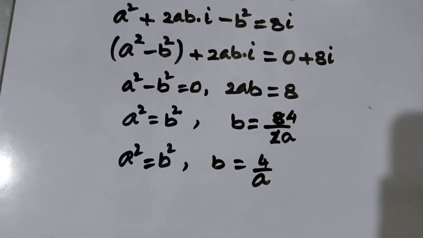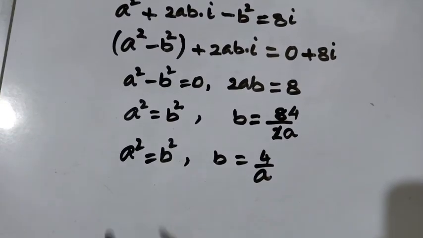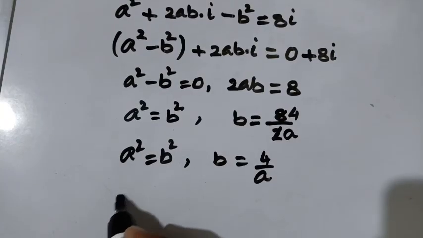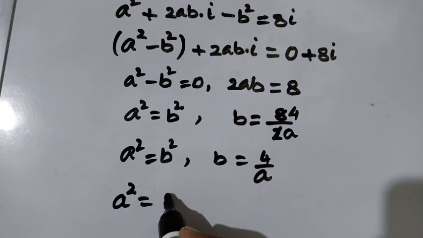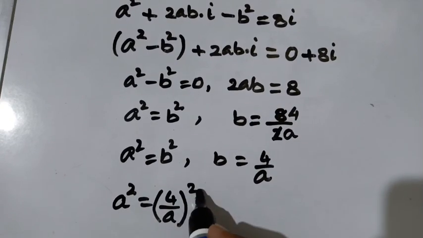So substituting this value of b, that is b is equal to 4 by a, in the equation a square is equal to b square, we get a square is equal to (4 by a) whole square.